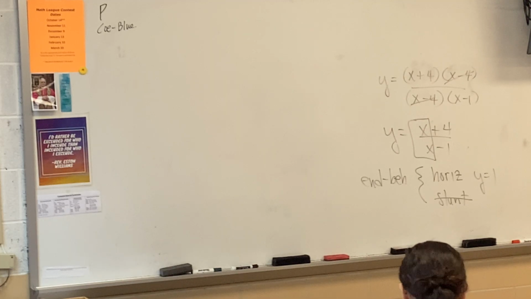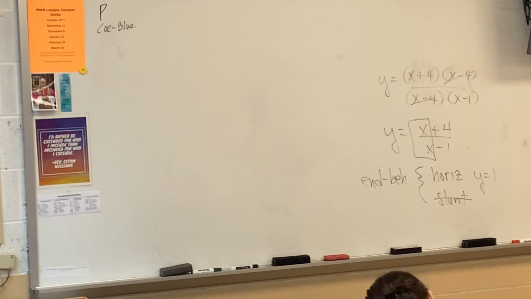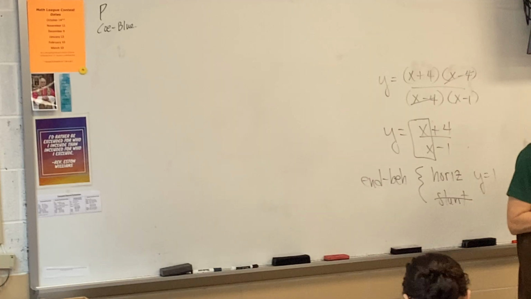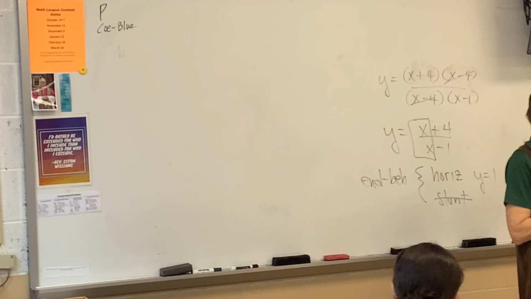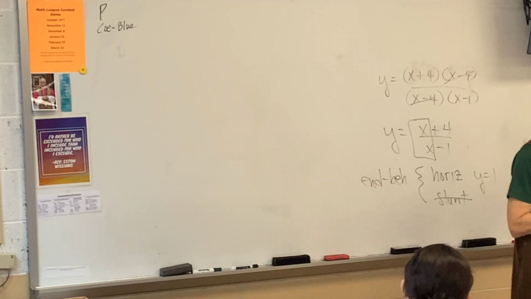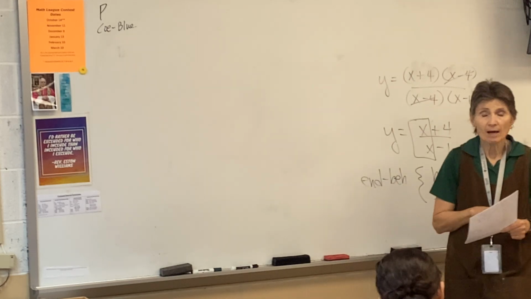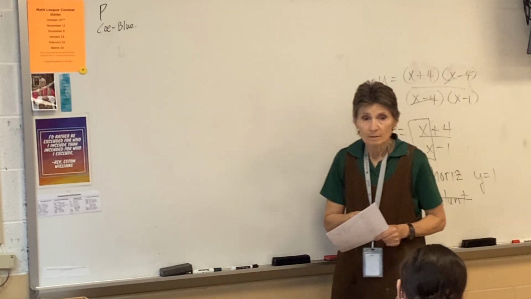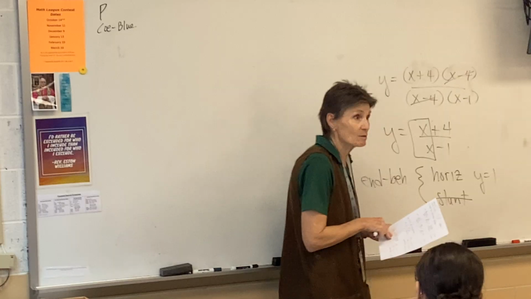Kids, if you got a denominator, you have a vertical asymptote. That is not going to cancel out. That's going to stay there. X equals 2 is your vertical asymptote. Now, will this one have a horizontal or a slant? It's going to be slant. How do I know? The top power is bigger.